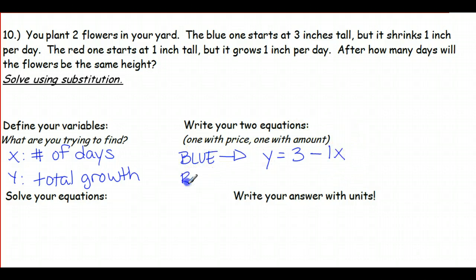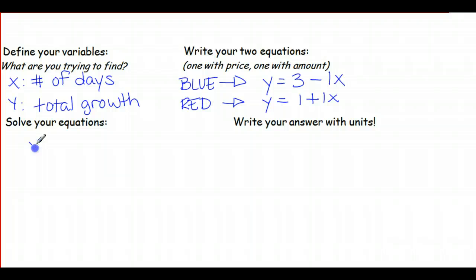And our red plant starts at 1 inch tall, so total growth starts at 1 inch, but it also grows 1 inch per day. So let's go ahead and write these down. We have y equals 3 minus x, and y equals 1 plus x.